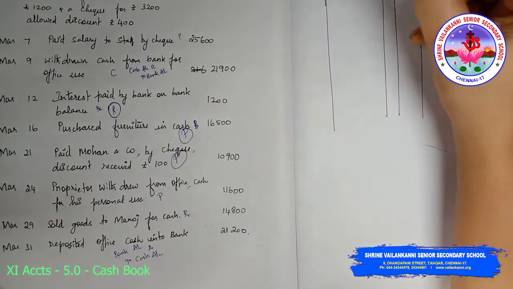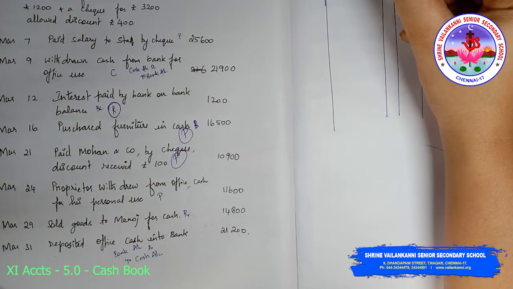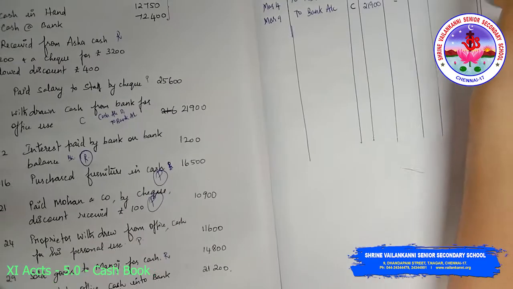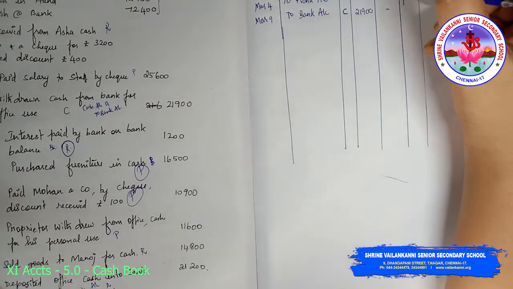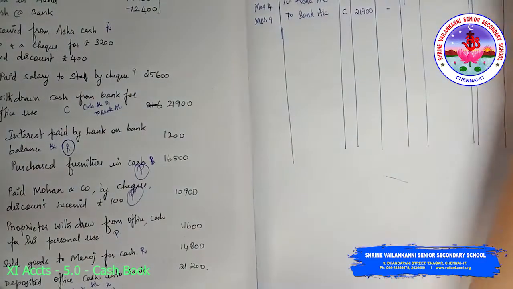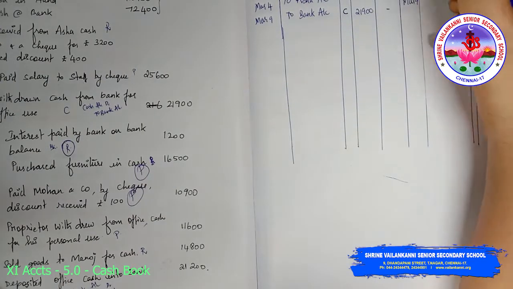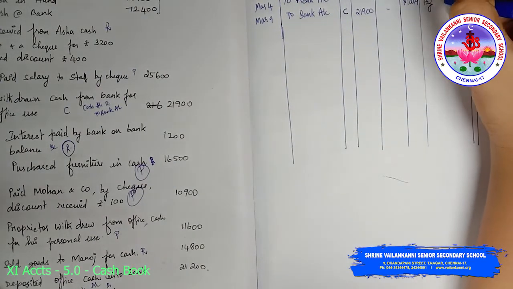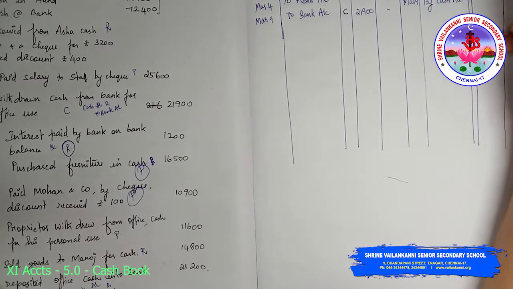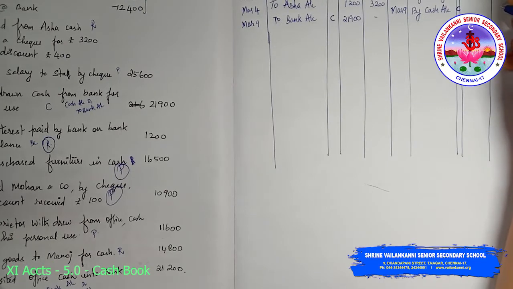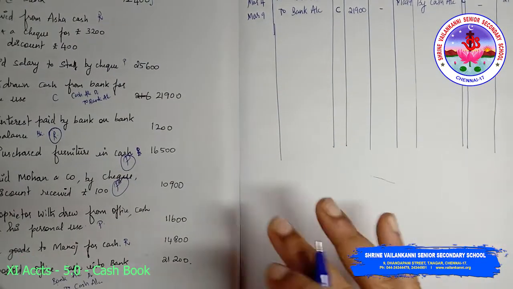It's a contra entry, so I'm marking it here as C. Similarly, in the credit side, March 9, by cash account, contra entry. In the bank column, you are supposed to write 21,900. This is a contra entry.